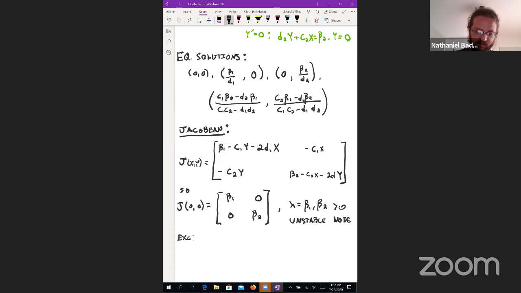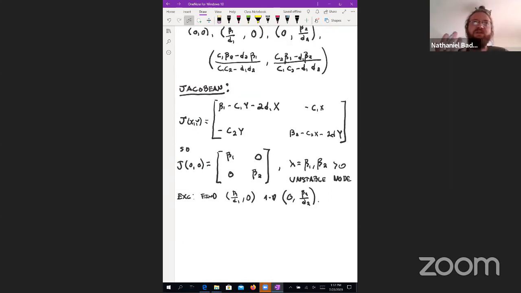Exercise. It's going to be beta 1 minus D1, 0, and 0, beta 2 minus D2. But you can see that we're starting to drown in parameters a little bit.